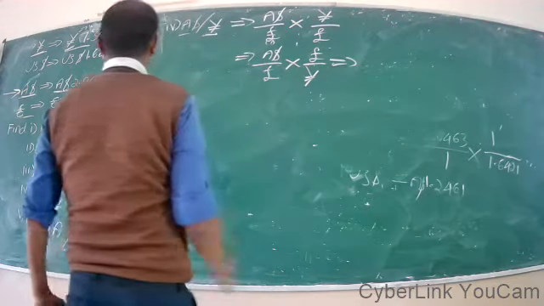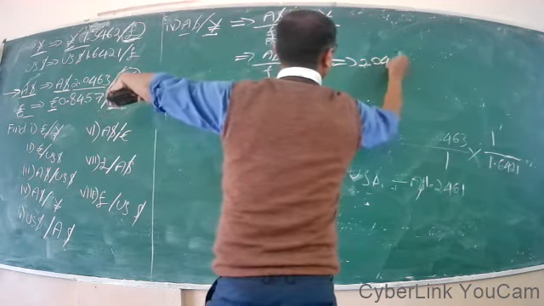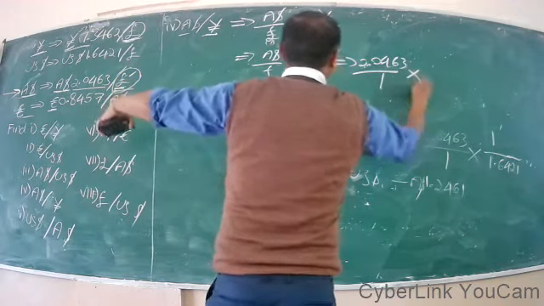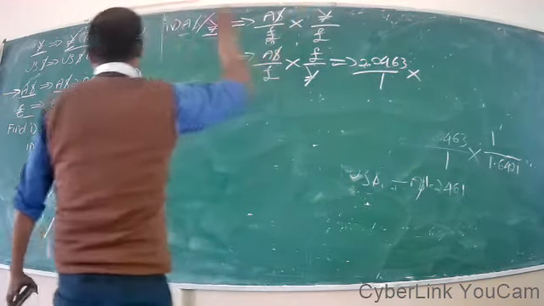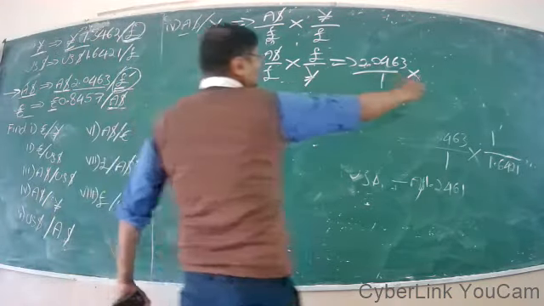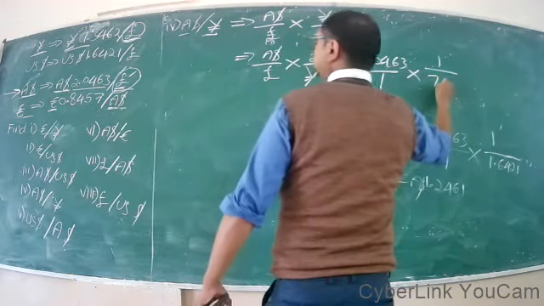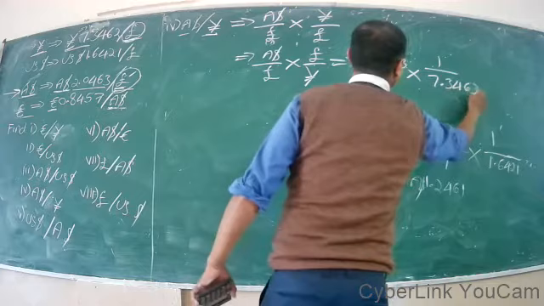That means Australian dollar per sterling pound is given as 2.0463 and yuan per sterling pound is given, but we need sterling pound per yuan. So to reverse it, 1 by 7.3462.